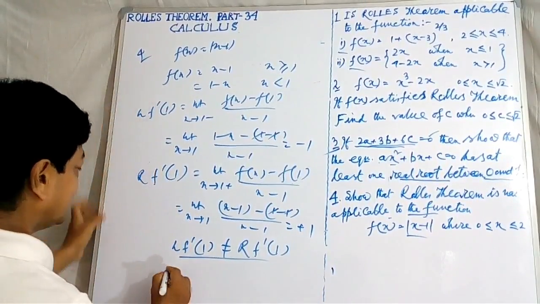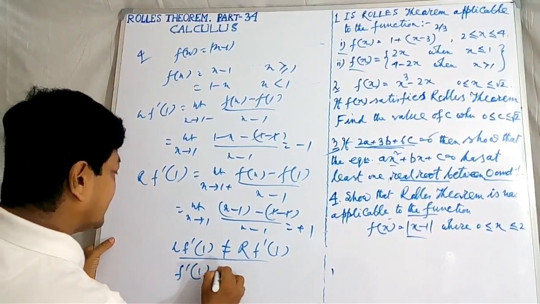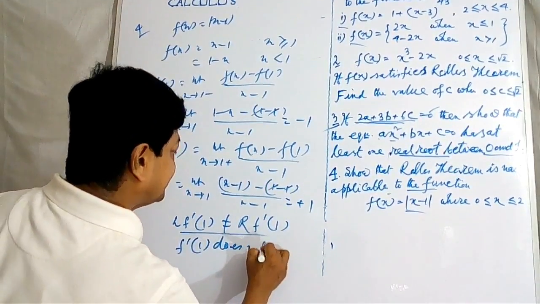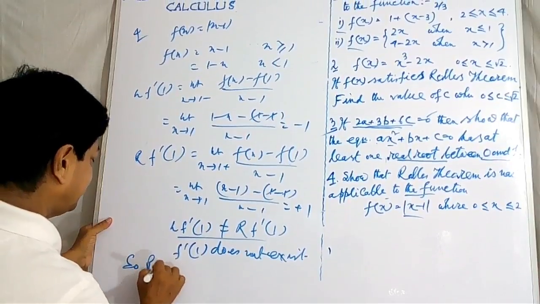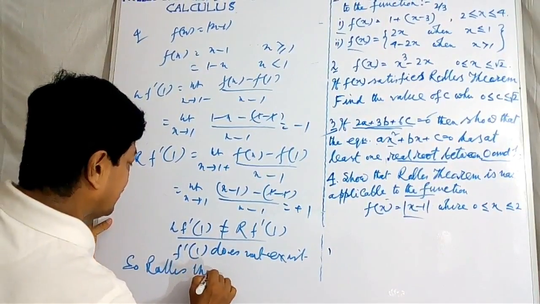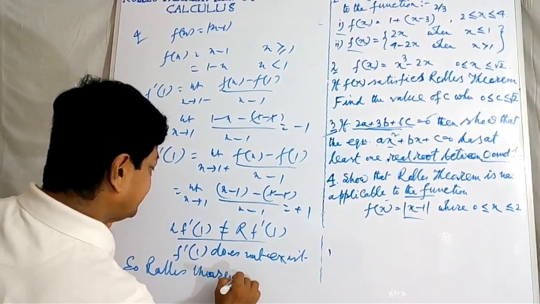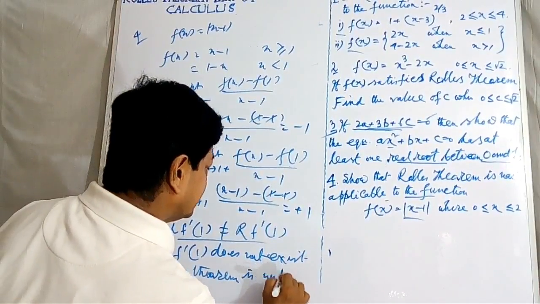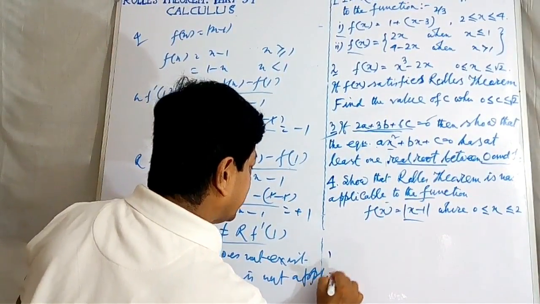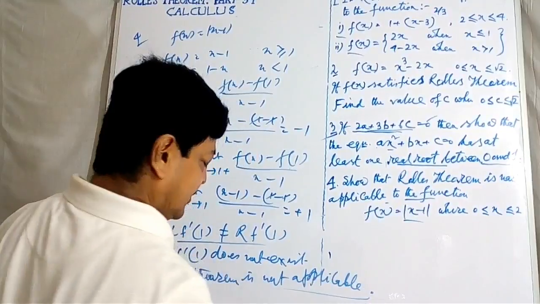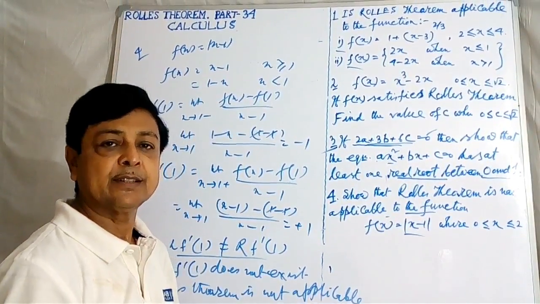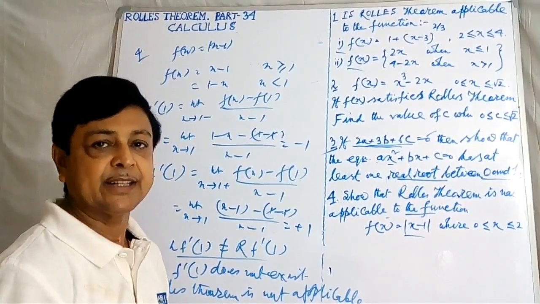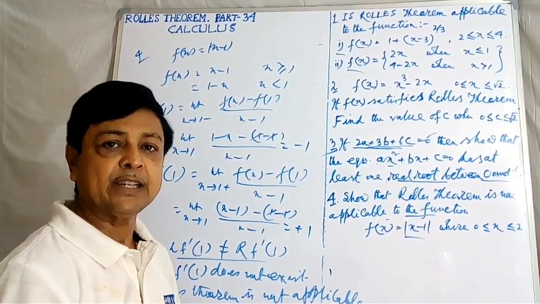So f'(1) does not exist, and Rolle's theorem is not applicable. Okay, so the problems are not so hard. It is to be practiced. Practice more. Okay. Thank you.